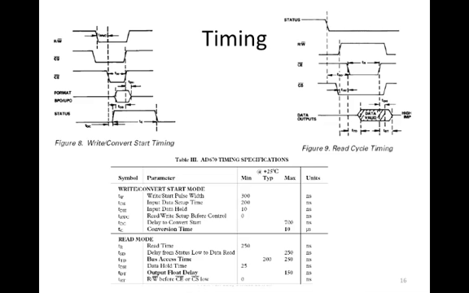Another very important piece of information you can get from the datasheet is the timing diagram. Each chip has its own specific timing diagram for different operations. On the top left here, this is the write conversion start timing.